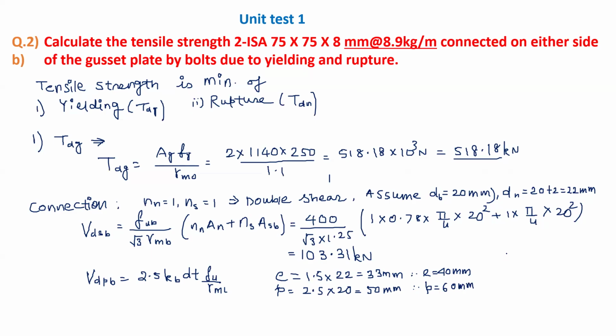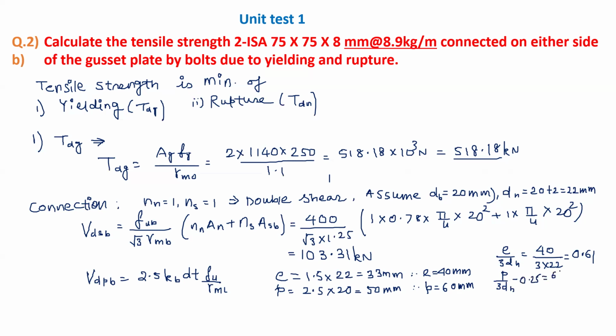Now for kb, we have e upon 3 dh. So e we have 40 divided by 3 into 22, diameter of hole, and we have this value 0.61. Then we have p upon 3 dh minus 0.25.